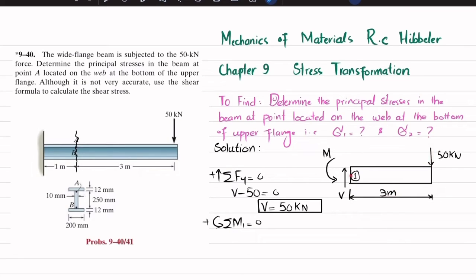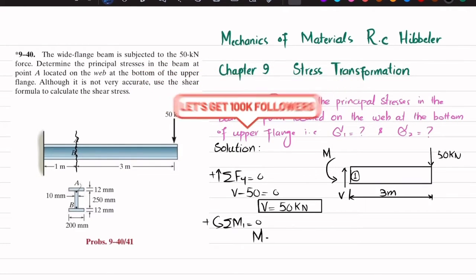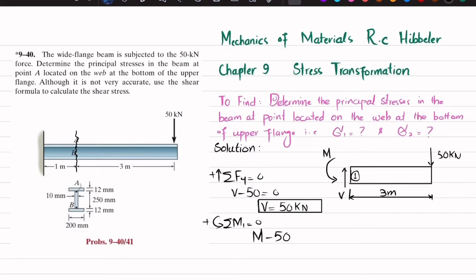The second moment about point 1 is this counterclockwise moment, which is the reaction moment. So their sum must be equal to 0. So M, which is counterclockwise positive, minus 50 into perpendicular distance 3 is equal to 0. So from here we will get this moment will be equal to 150 kilonewton meter.